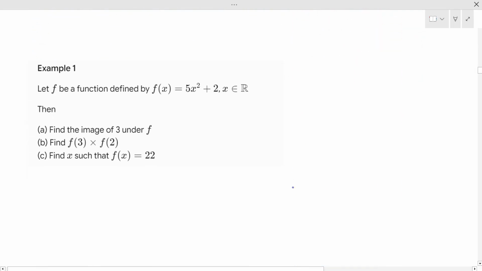Now let's see the first example here. It says let f be a function defined by f(x) = 5x² + 2, where x belongs to the real numbers, right? That means the inputs are from the real numbers, so the domain will be R. Next, they are asking us to find the image of 3 under f.